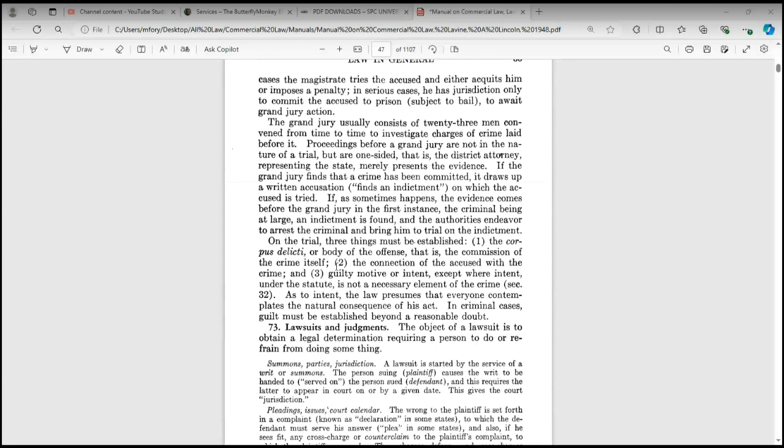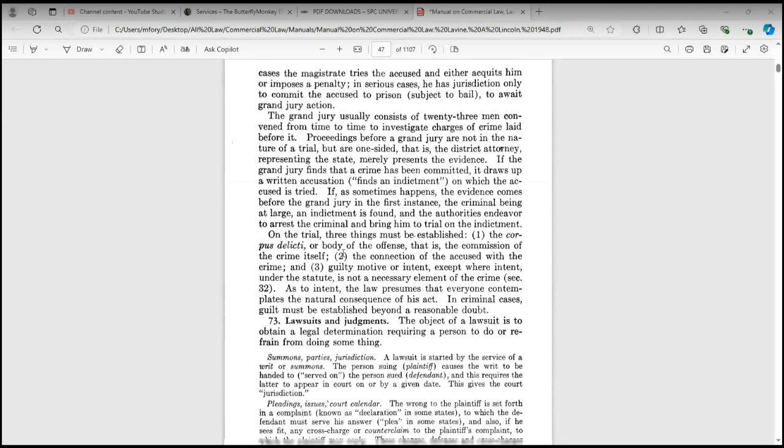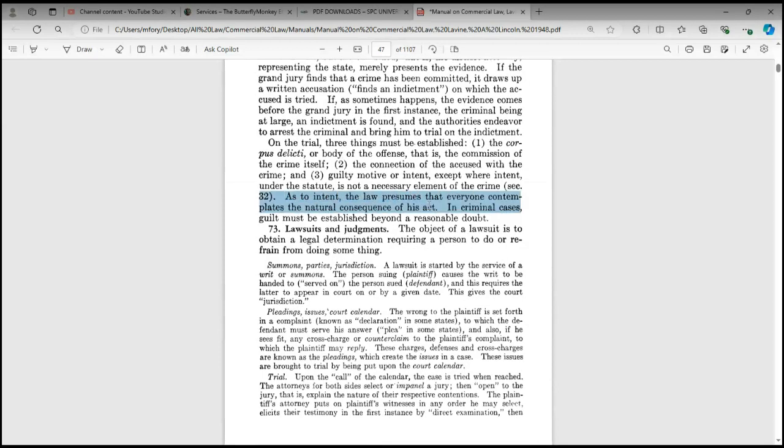See section 32, which was above. As to intent, the law presumes that everyone contemplates the natural consequences of his act. This is a quote. This is no different than saying ignorance of the law is no excuse. In criminal cases, guilt must be established beyond a reasonable doubt.